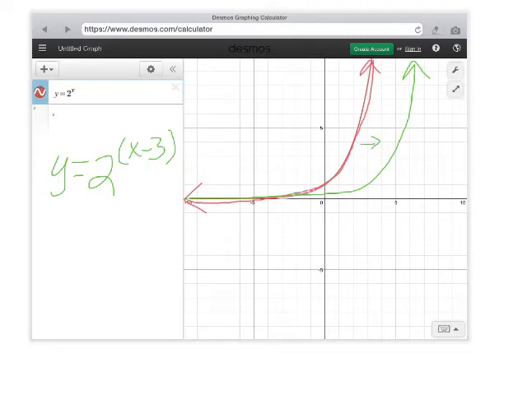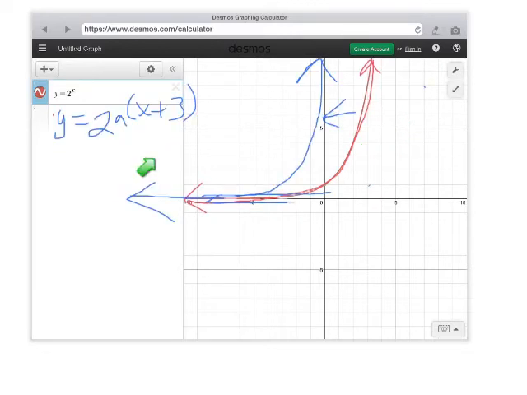So again, when it's minus 3, the graph goes to the right 3 units. And when it's plus 3, it goes to the left 3 units, kind of backwards. All right, so that is the horizontal translation of 2 to the x power.